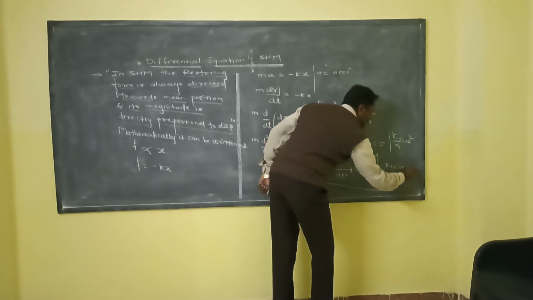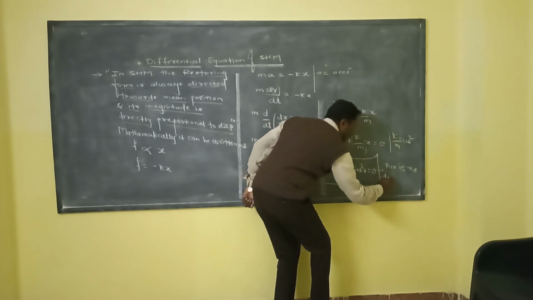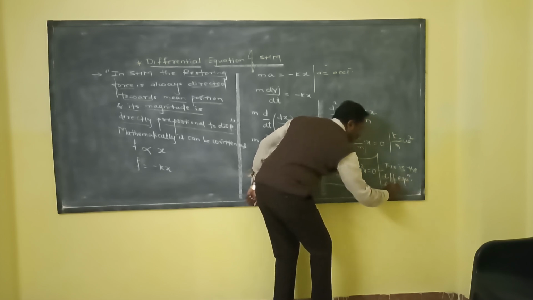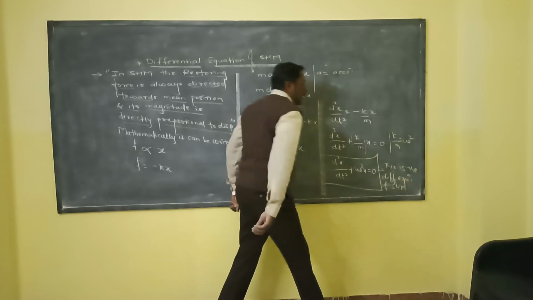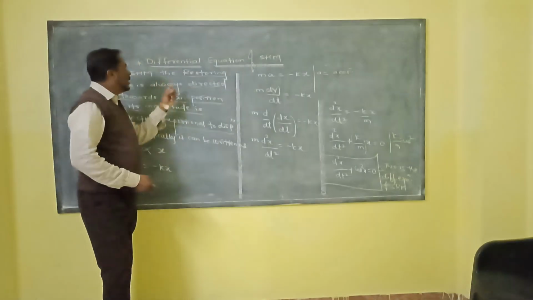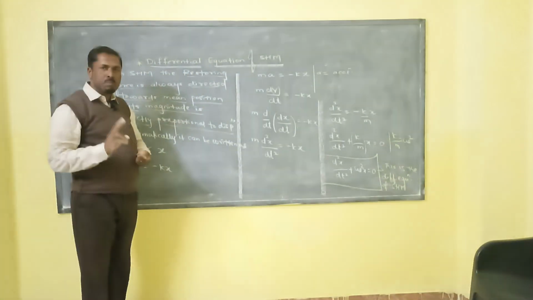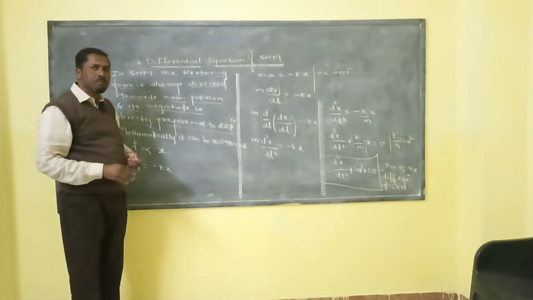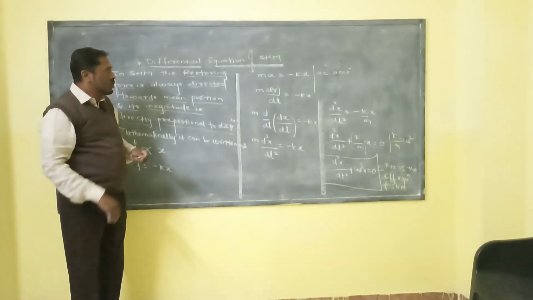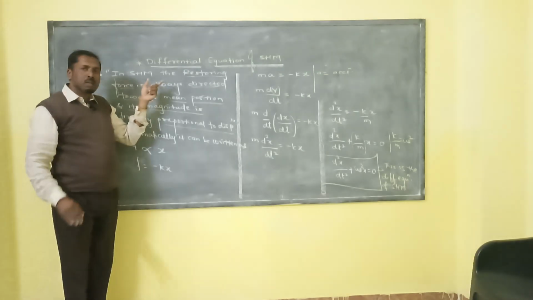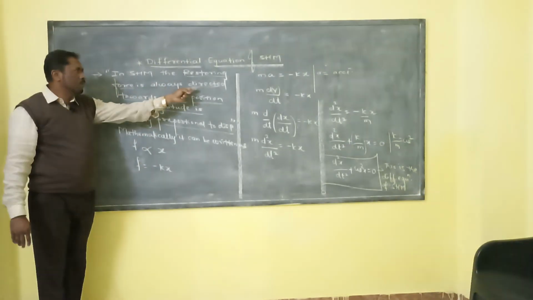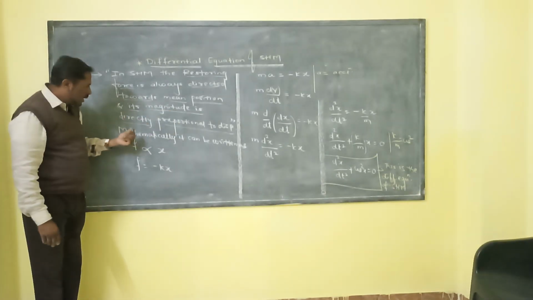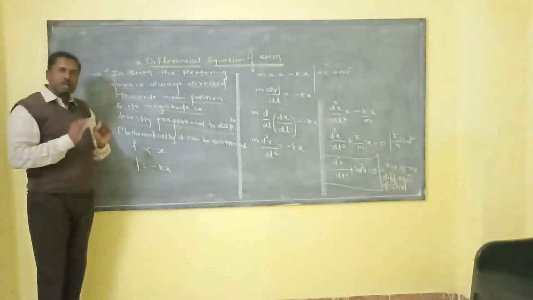This is the differential equation of SHM. How is the question asked? Deduce the differential equation of SHM, which carries 2 marks, or in another way, obtain the differential equation of SHM. What do we understand by SHM? In SHM, the restoring force is always directed towards the mean position and its magnitude is directly proportional to displacement.